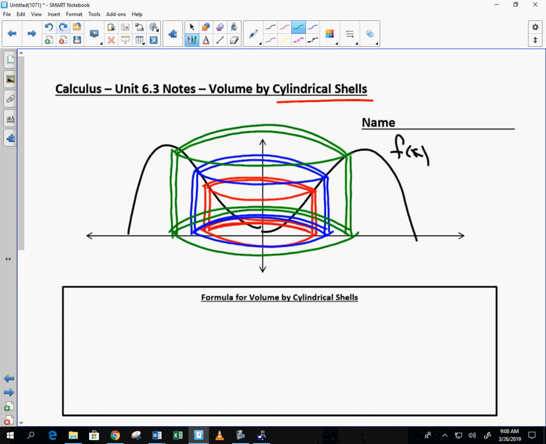Okay? So the question is, how do we find the volume of just one of these? Oh man. Well, let's take the red one and let's take that shape and let's unravel it.